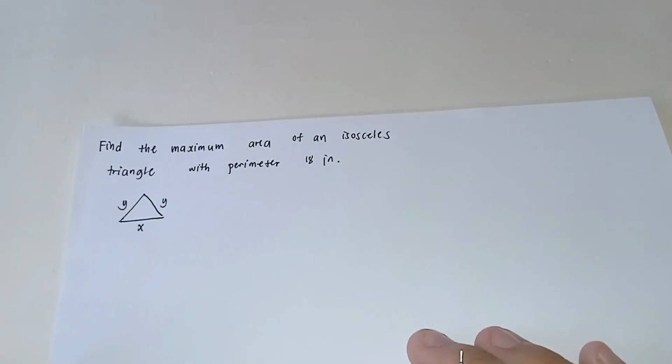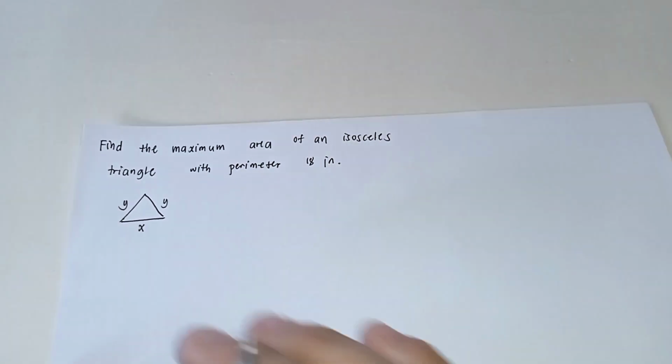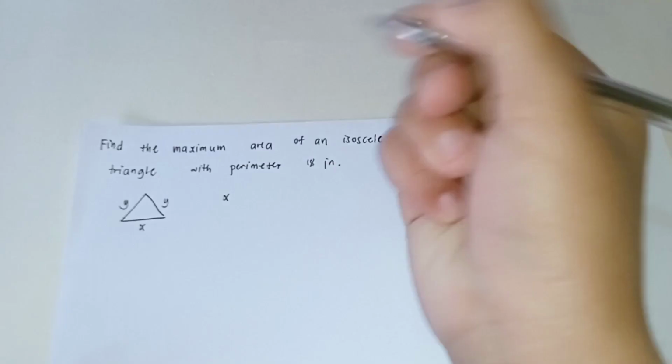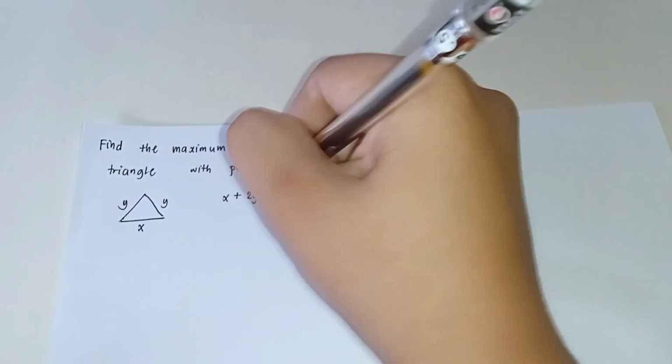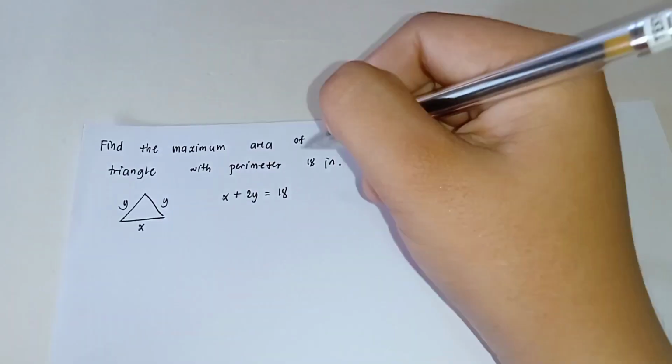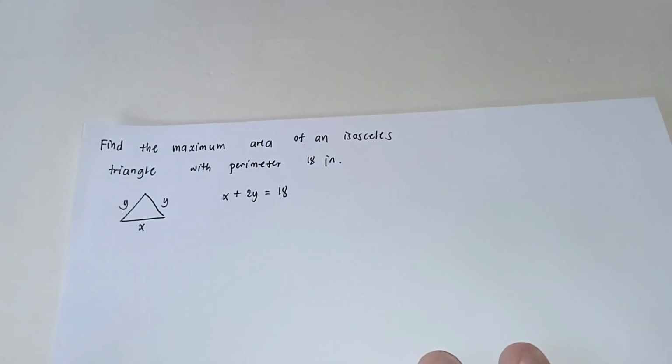Now let's consider the given values in our problem. So x plus 2y is equal to 18 inches. This would be one of the first things that we will do when solving this kind of problem, which is to generate an equation for us to be able to solve the problem.